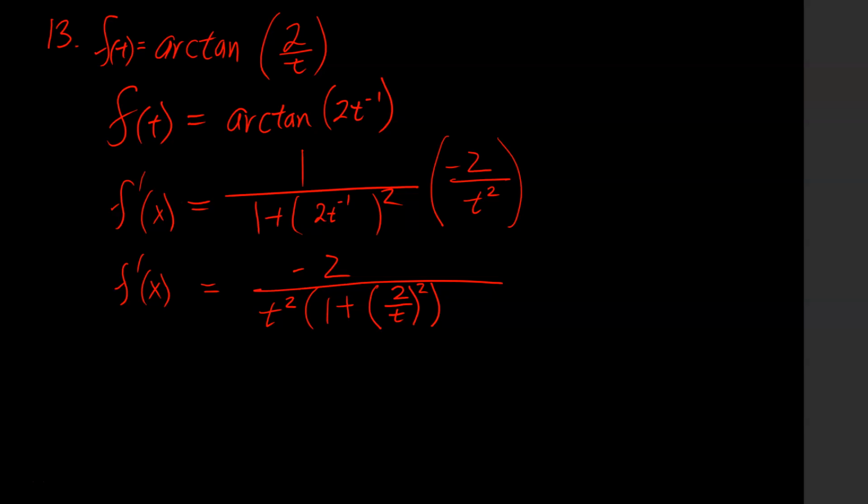Okay, so actually this is pretty easy to do. What I'm going to do is multiply t squared times 1, which is t squared, and then 2 over t when squared gives you 4 over t squared. So t squared times 4 over t squared is just 4.